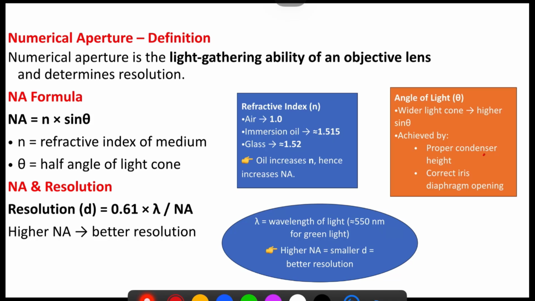So the wavelength of light is 550 nanometer for green light, and a higher numerical aperture means better resolution. So higher numerical aperture gives smaller d, which is better resolution.